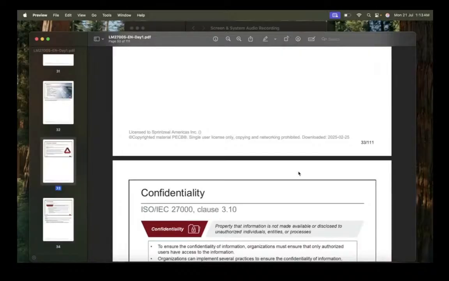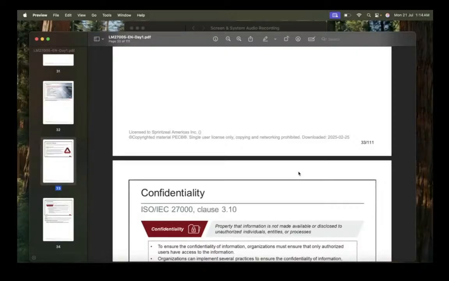This is taken just for reference, from ISO IEC 27000 clause 3.10, which talks about confidentiality. So confidentiality, what is that actually? Property that information is not made available or disclosed to unauthorized individuals, entities, or processes.